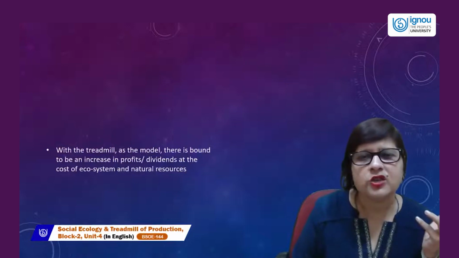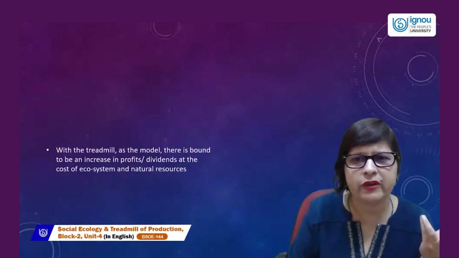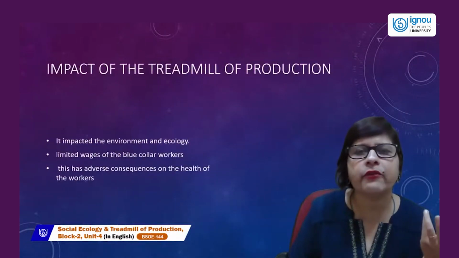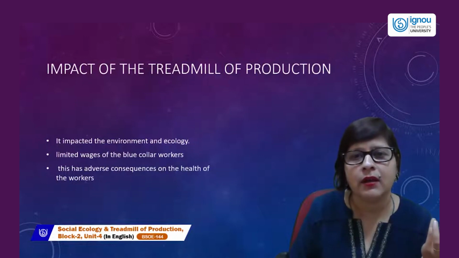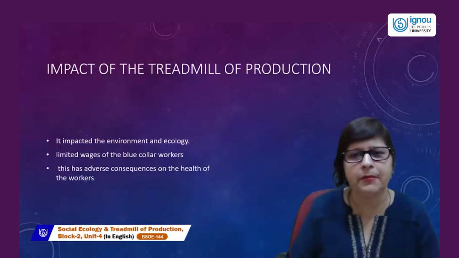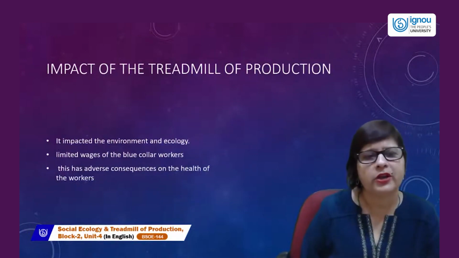Why is there increased profit? Because of new rounds of investment, and this increased profit comes at the cost of ecosystem depletion or destruction and manpower. Impact of the treadmill of production.